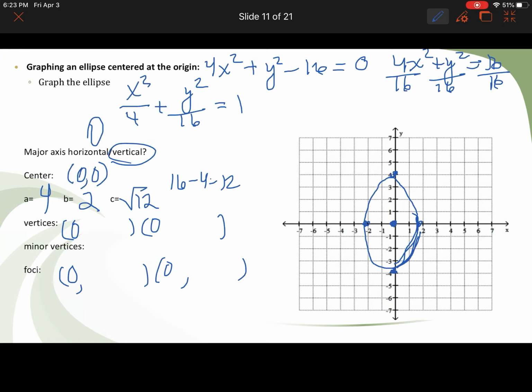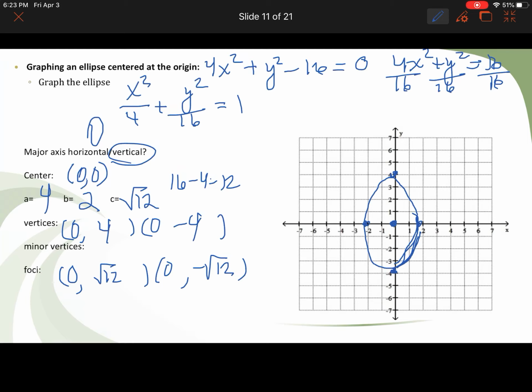Okay, now for the y value, that's where we go up and down, right? So we go up 4 and down 4. And on the foci, we're going to go up the square root of 12 and down the square root of 12.